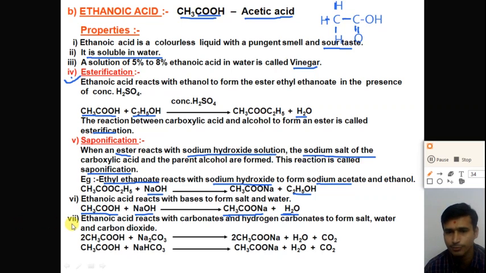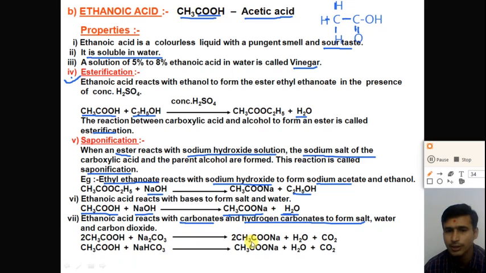The next and last property of ethanoic acid: it reacts with carbonates and hydrogen carbonates to form a salt, water and carbon dioxide. Here ethanoic acid CH3COOH reacts with sodium carbonate Na2CO3.